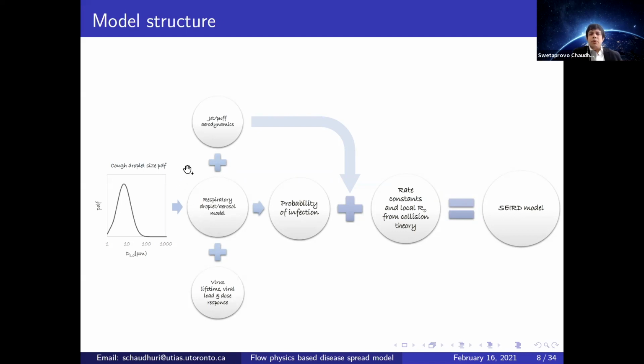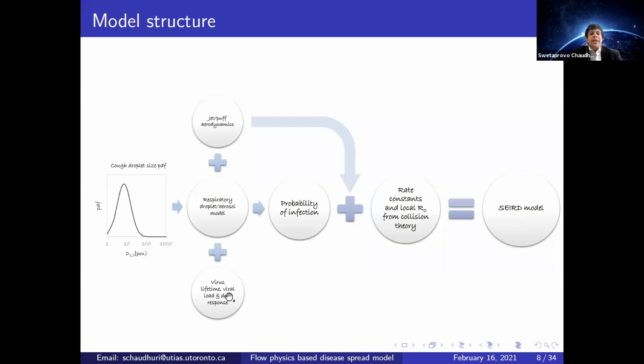It needs to be coupled with the corresponding jet puff aerodynamics model. And of course, we need to include the information of the virus, because whether the droplets or the aerosols will be infected or not depends on the virus half-life. So we need to provide those inputs also, the inputs of the virus lifetime.